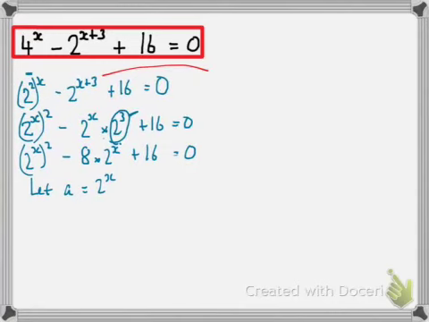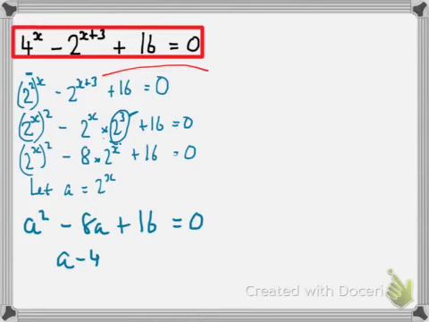Alright, now if we let a equal 2 to the power of x, that means we get a squared minus 8a plus 16 equals 0. And now, that will of course be a minus 4 squared equals 0. Therefore, a equals 4.